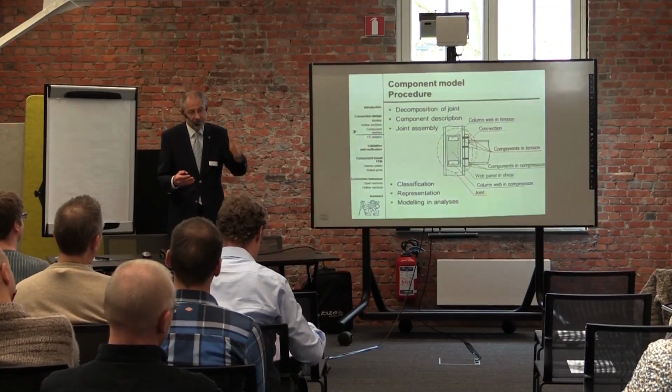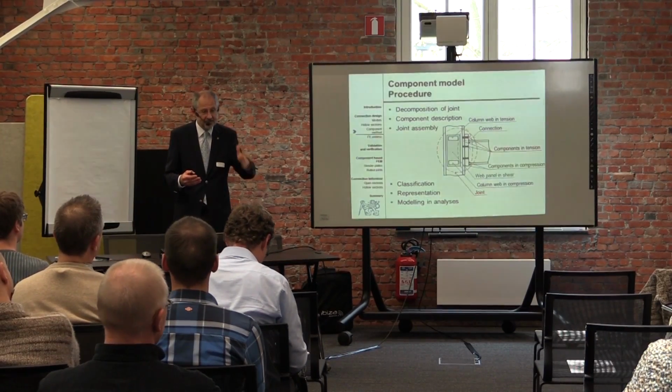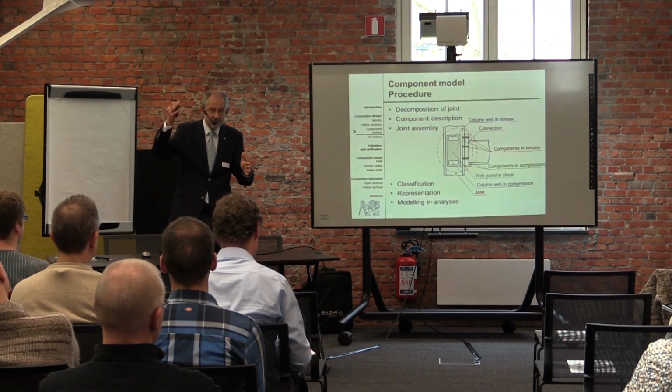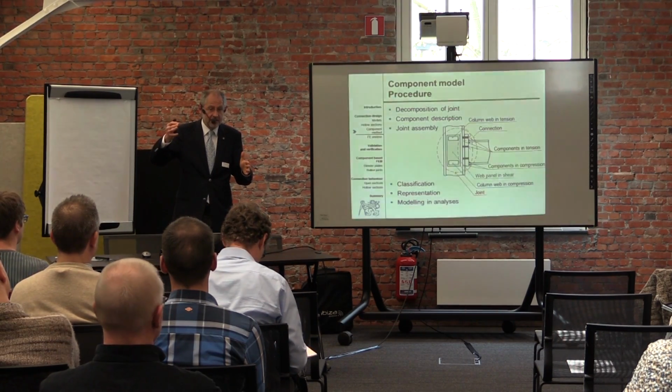And for open sections, I think you are very familiar. This is the component procedure. It is not completely a revolution that we have equations for stiffness, which engineers are of course trying to avoid calculating, and we have some summary for how to calculate deformation capacity.